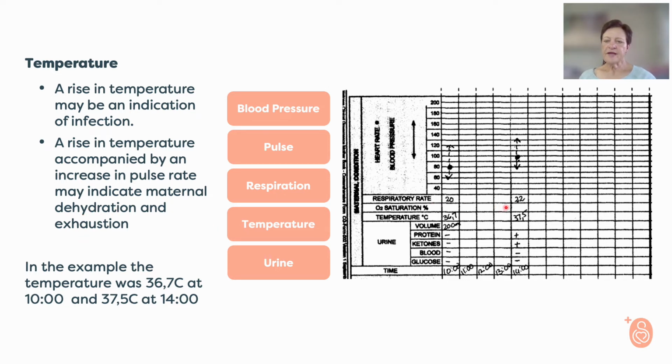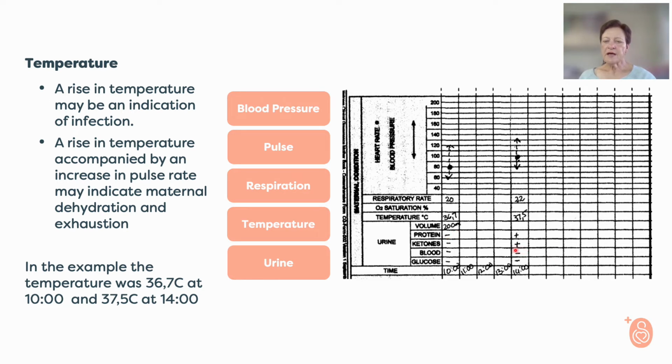And if that is accompanied by ketones in the urine, like we can see here, a 37.5 Celsius temperature plus ketones in the urine, then the patient has not passed any urine, so we don't know whether she's dehydrated or not. She has passed 200 milliliters there.